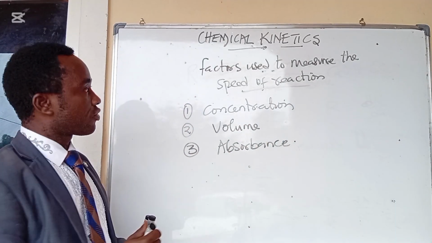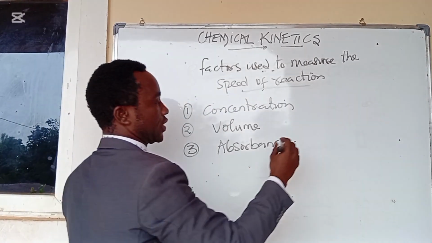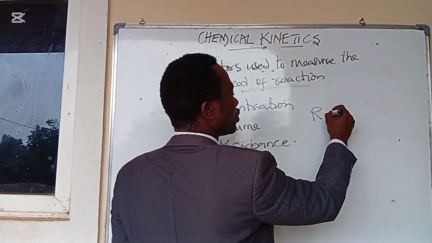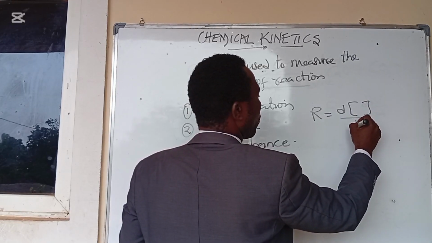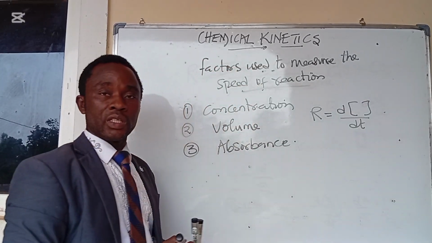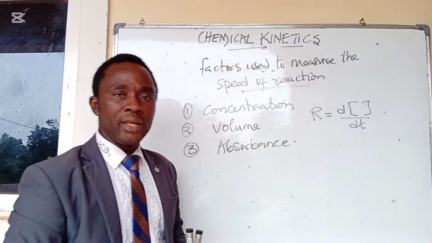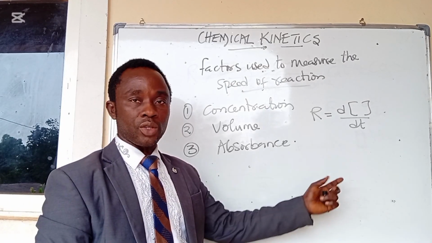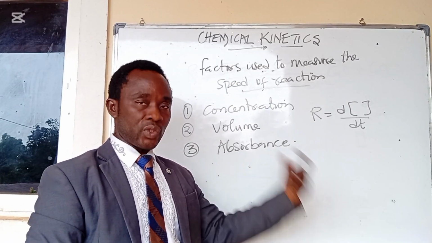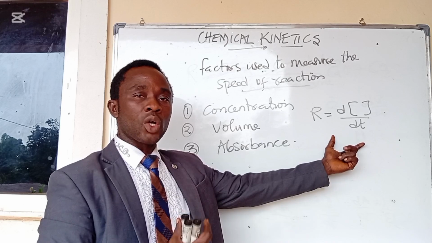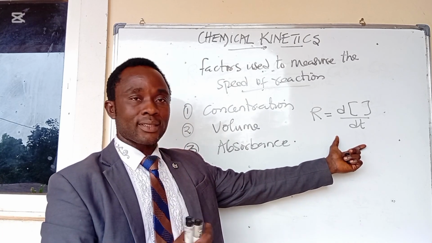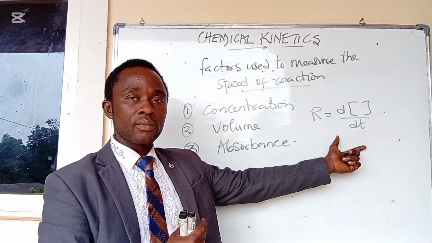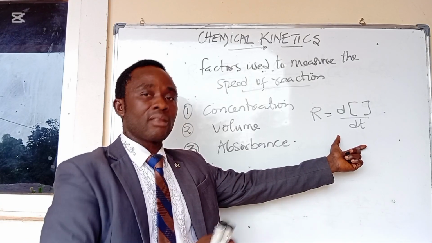That is to say that from what we gave before, we say that the rate of reaction should be equal to change in concentration divided by change in time. What does it mean? If I want to determine the rate of reaction using concentration, as the reaction proceeds, I can measure the concentration of a particular reactant at different time intervals.